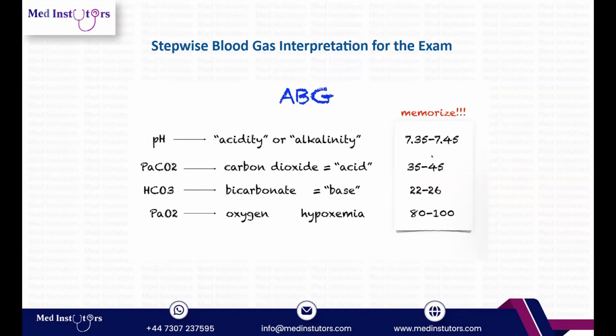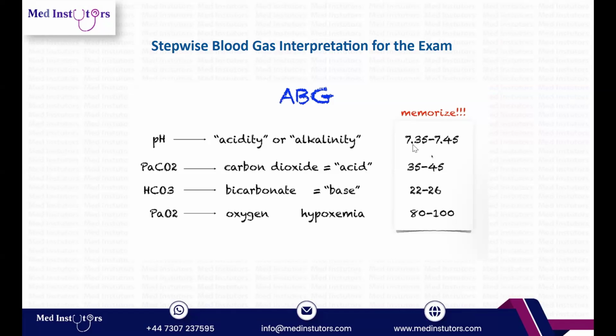For arterial blood gases, usually we have many values on ABGs. Whenever I get a question to interpret arterial blood gases, I quickly go and look at the pH level, because that is something very easy to interpret. The pH may be on the acid side, or it may be alkaline. The normal pH of blood is 7.35 to 7.45.